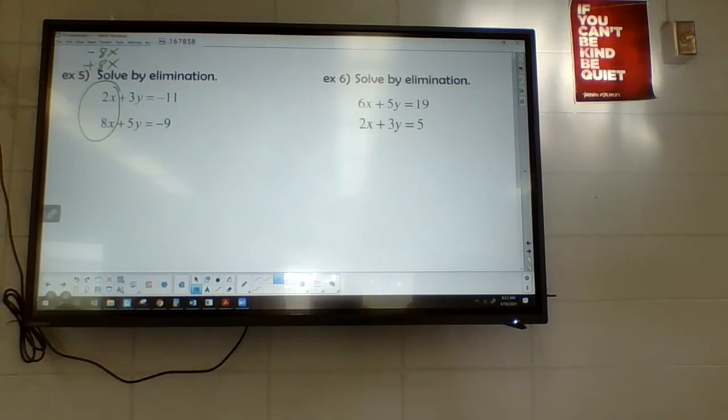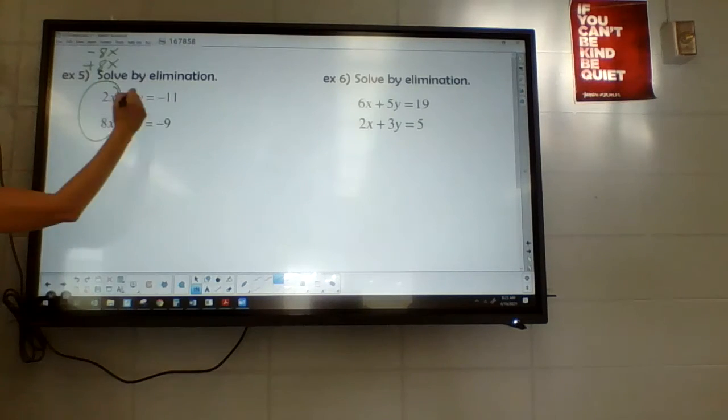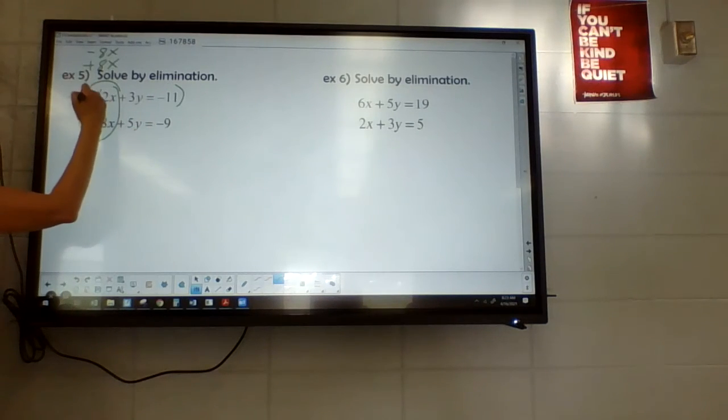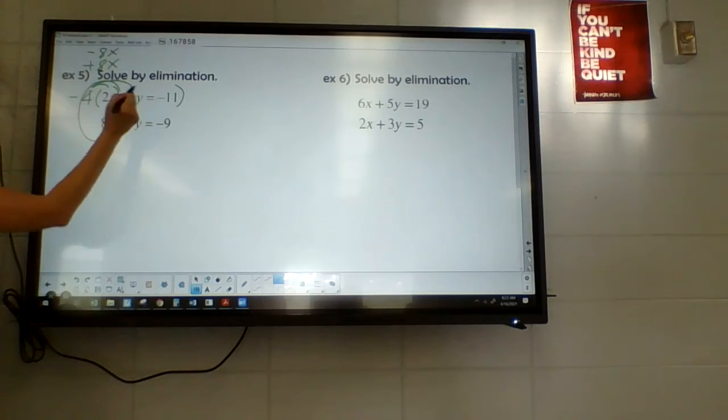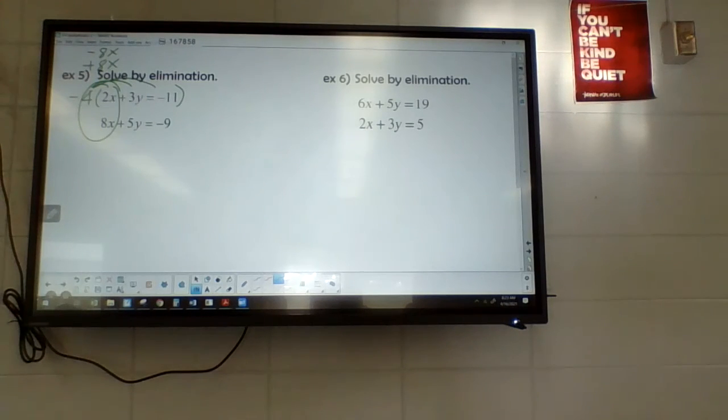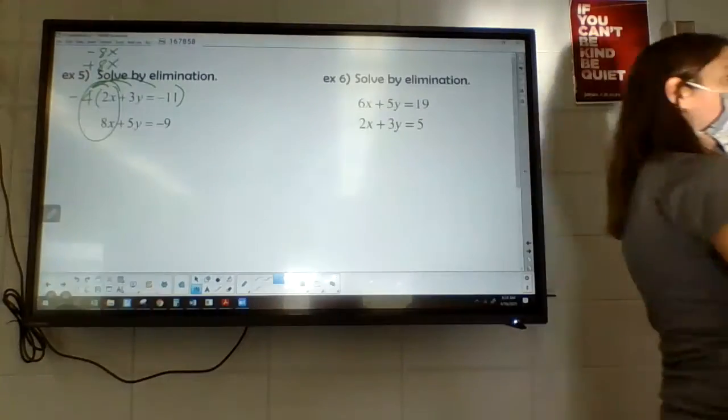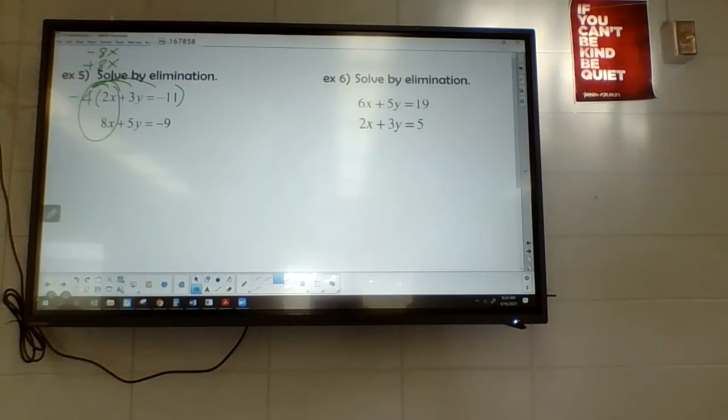So what Justine just pointed out is if I multiply this top row by negative 4, it'll become a negative 8. But I have to multiply the whole top row by negative 4. So kind of trying to find that common denominator and decide which one looks easiest to make alike.